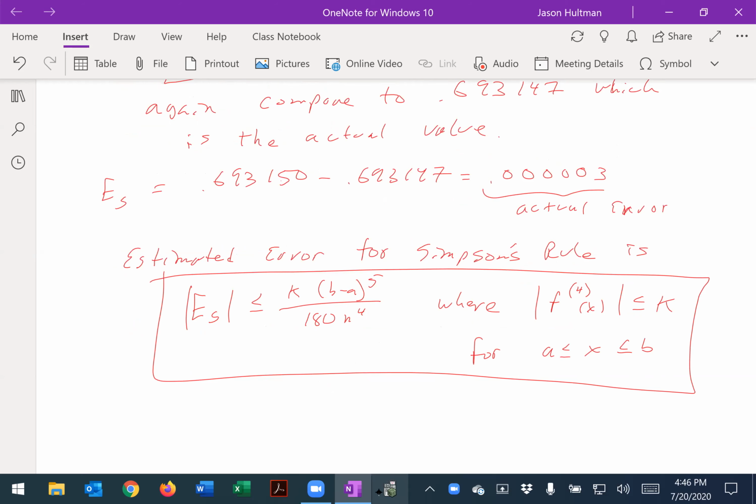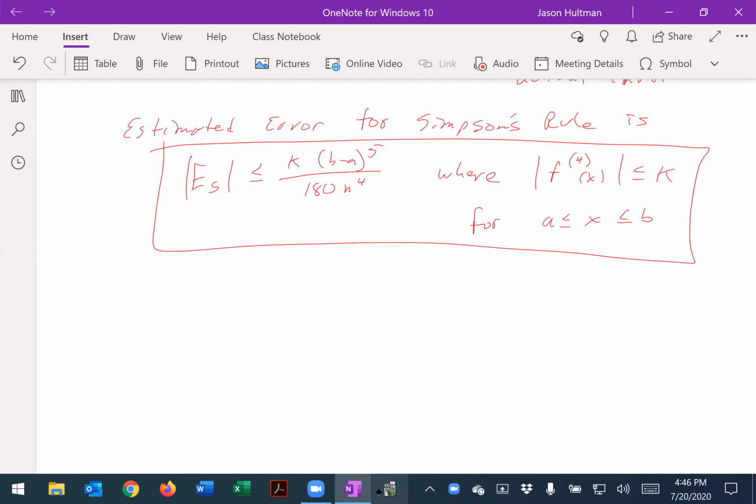So let's go ahead and calculate that. What is the upper bound on the error for this one? Let's look at K in this case.